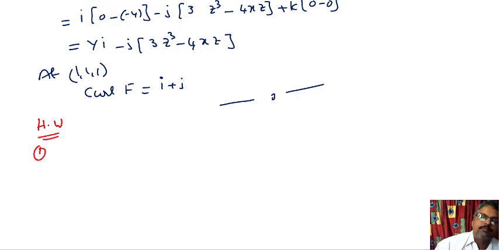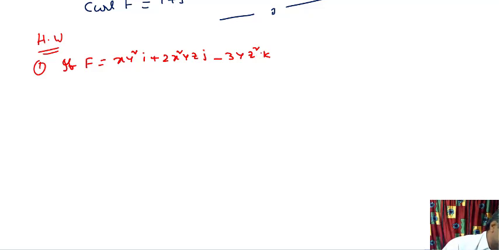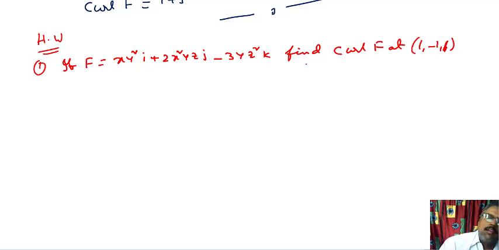First question: if f equals xy square i plus 2x square yz j minus 3yz square k, find curl f at the point (1, -1, 1).